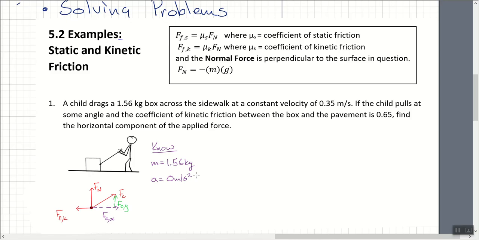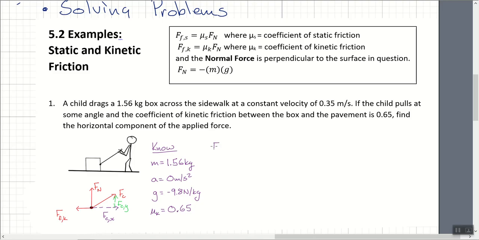I know that gravity is negative 9.8 newtons per kilogram, just our nice constant value. And the only other thing worth writing here is that the coefficient of kinetic friction, mu sub k, is equal to 0.65. That is all of our known information in this problem.